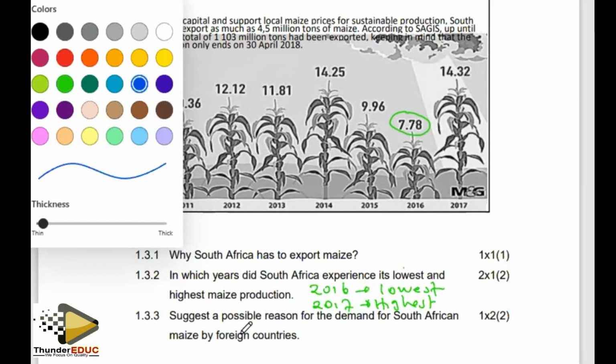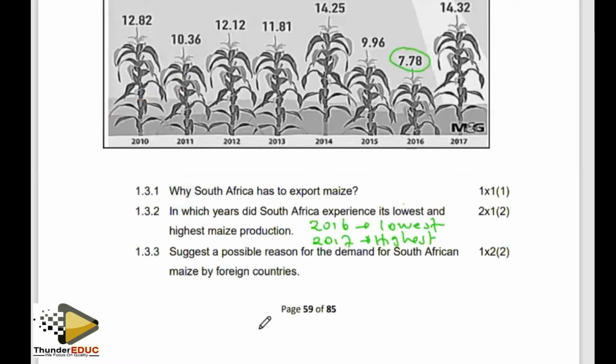Then 1.3.3, it says, suggest a possible reason for the demand for South African maize by foreign countries. Why do most countries want to buy South Africa's maize? What could be the reasons?